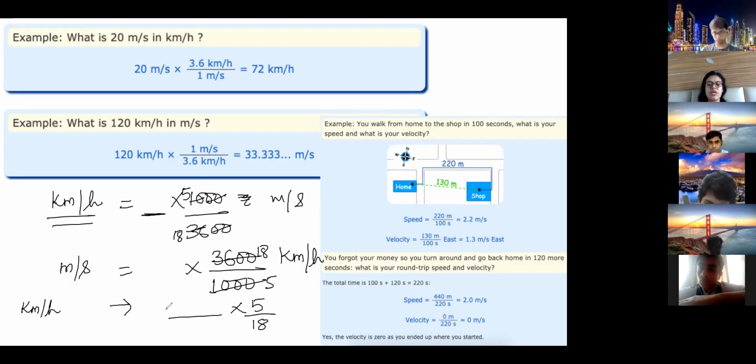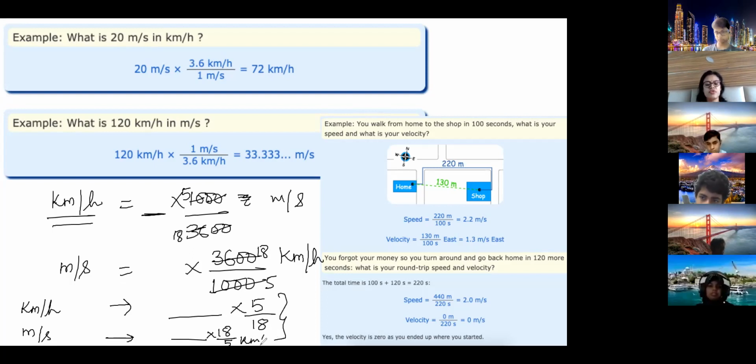Because a kilometer has 1000. And meter per second can be converted by multiplying it by 18 by 5, the reverse. So these are shortcut methods to convert it into kilometer per hour from meter per second. Is this clear how to convert?